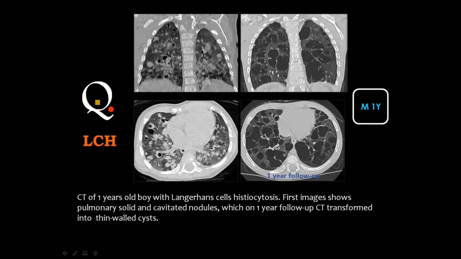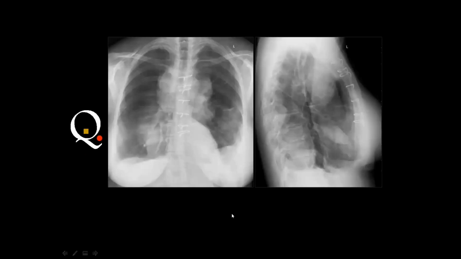These cavities are not of uniform size. They have appreciable wall thickness. They are distributed throughout the lung, and they may spare the lung bases. They are commonly seen in the upper lobes and middle lobes. And this is a case of Langerhans cell histiocytosis.